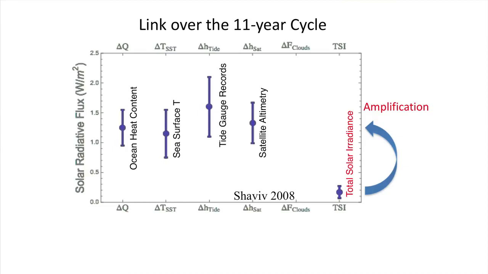What you see here is the graph that Nia showed you, where you see that the changes in the ocean are on the order of 1 watt per square meter, and that the solar irradiance was a factor of 5 to 7 times too small to explain it. But with the clouds, we actually get an amplification factor that seems to be fitting very nicely with the observations.